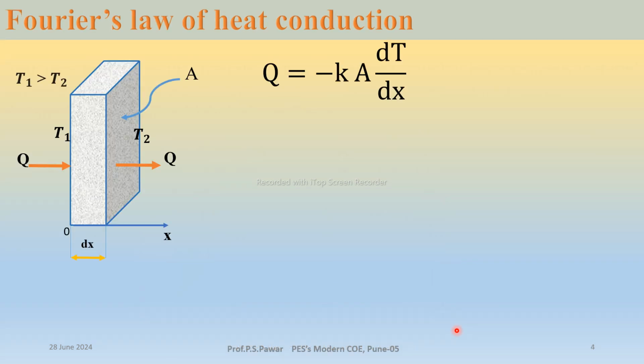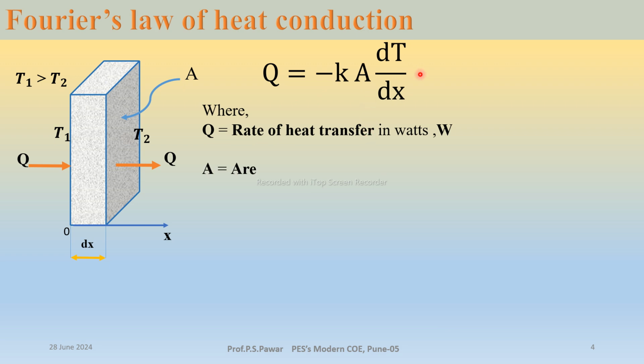Here Q is the rate of heat transfer in watts. A is the area normal to heat flow in meter square.